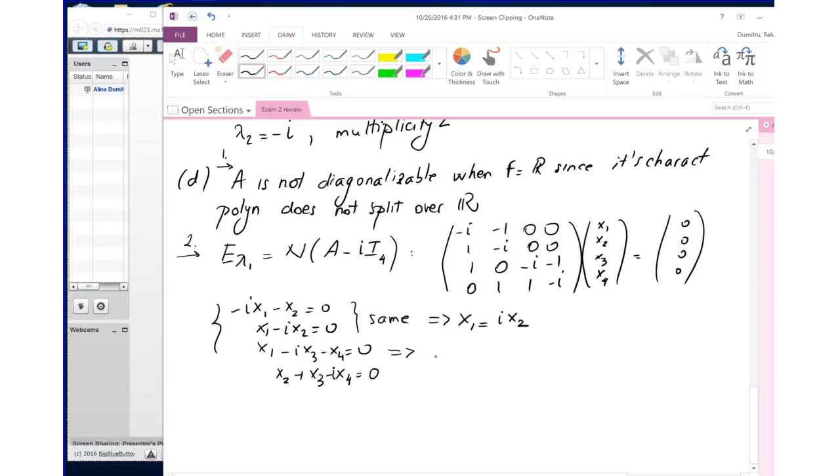So x1 is i x2 from the second or first equation, because it's one and the same. And if you replace it in here, and imagine multiplying everything by i. If you multiply everything by i, you should get the same thing, do you?